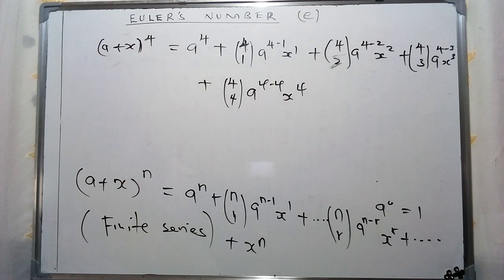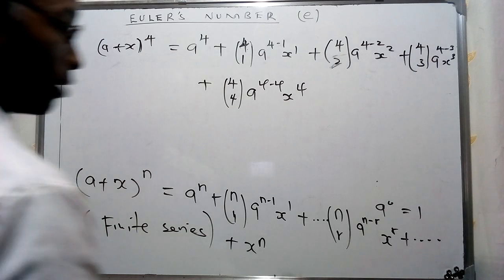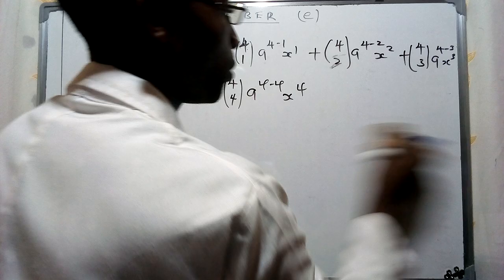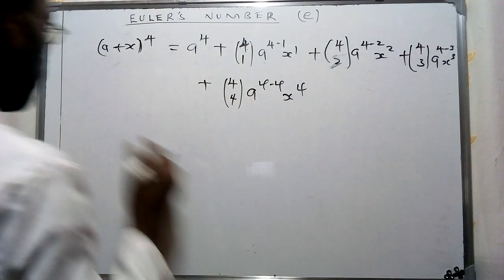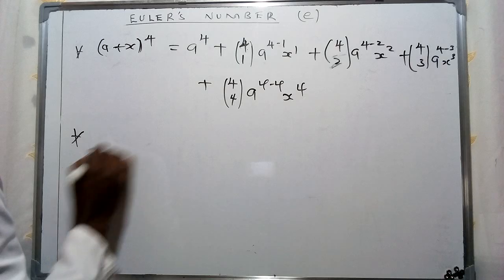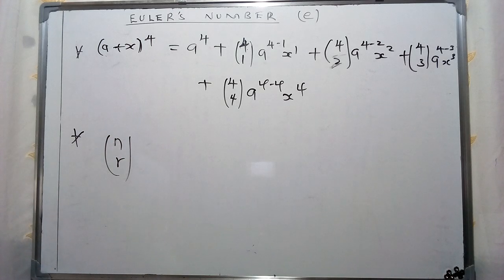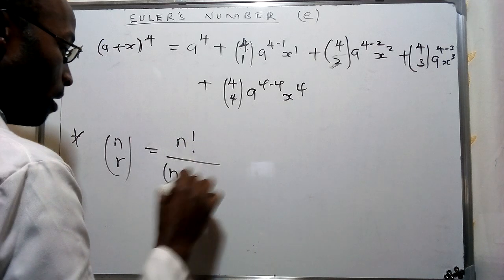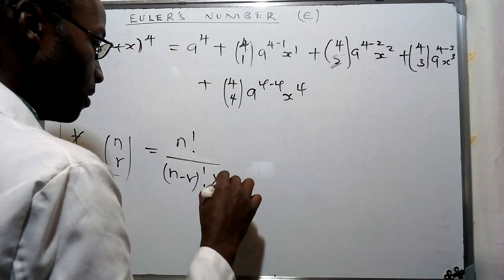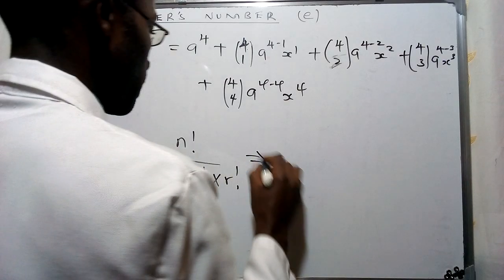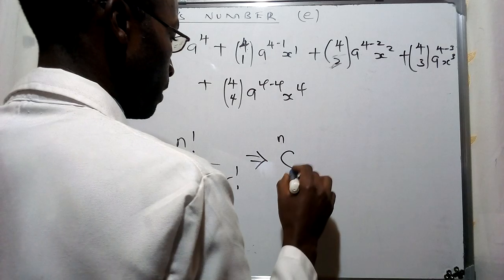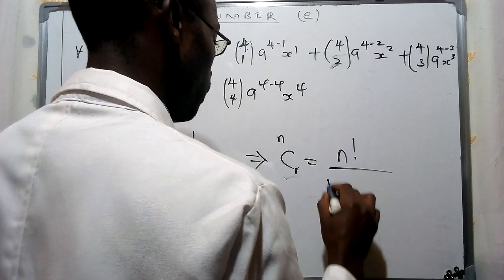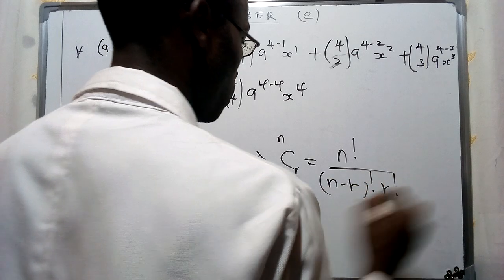Now we are going to see that there is a unique set of values which we are going to express in terms of a specific combination, and this is going to form what we refer to as a combination rule. Therefore we can give this particular combination in terms of these specific values of n and r, which is going to form what we refer to as this ratio of n factorial over (n minus r) factorial times r factorial, and this can be expressed in the form of the combination nCr.